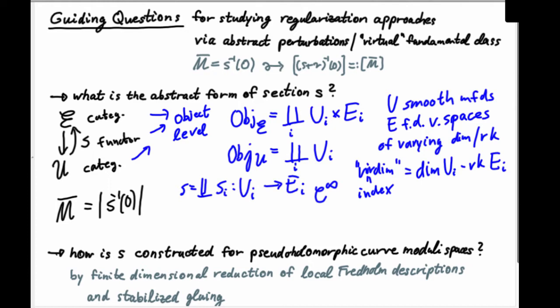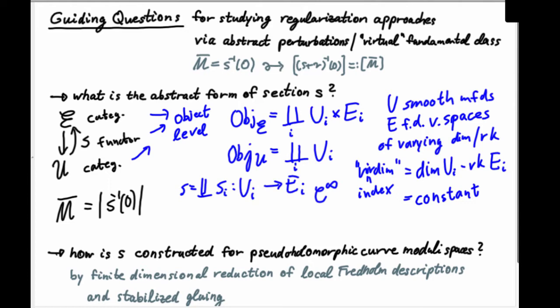And if those were transverse to 0 here, then they would cut out a little submanifold in U of exactly this dimension. And that dimension is constant. It's the virtual dimension of my moduli space here. All right.